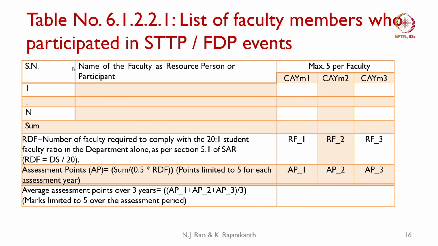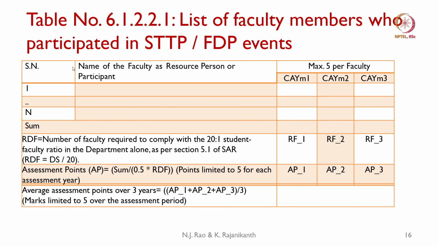That is used in calculating the percentage of faculty who participated in STTP FDP events. The assessment points are sum divided by 0.5 star RDF. So, we need this department faculty, and that is based on the students and the 20:1 ratio.